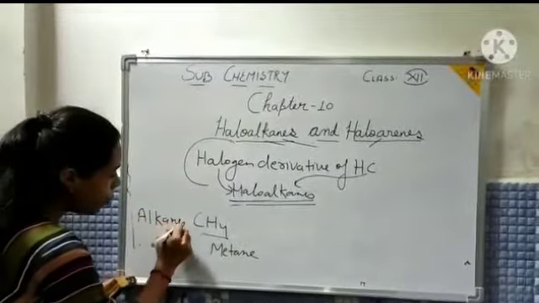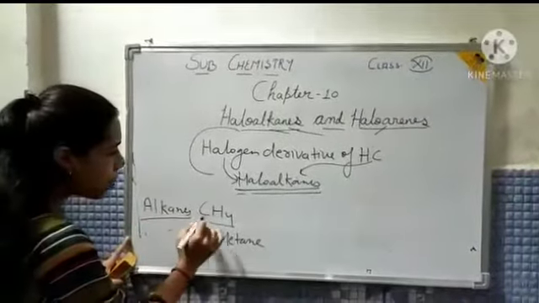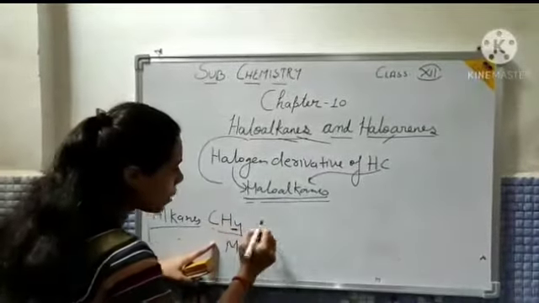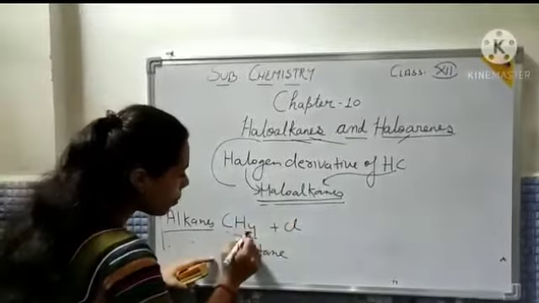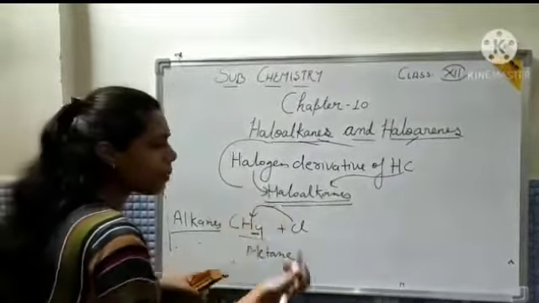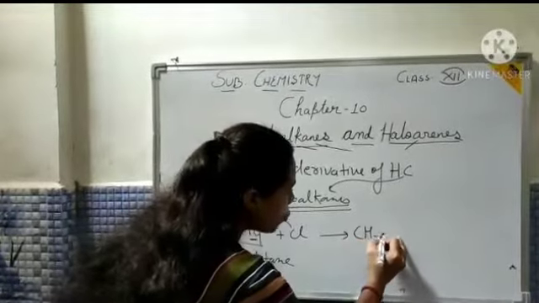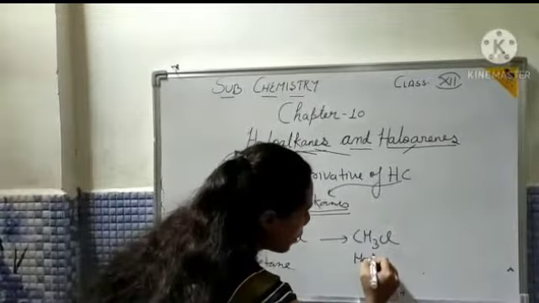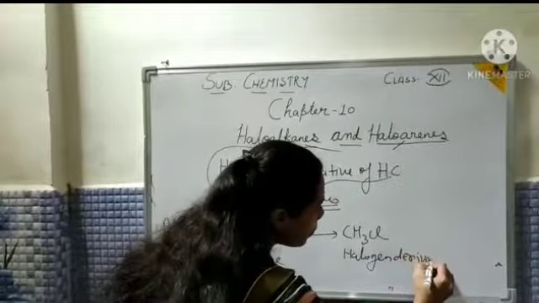If I take one chlorine atom and replace one hydrogen with this chlorine atom, it will form CH3Cl. Now it has become a halogen derivative.